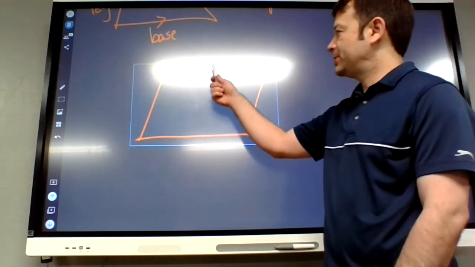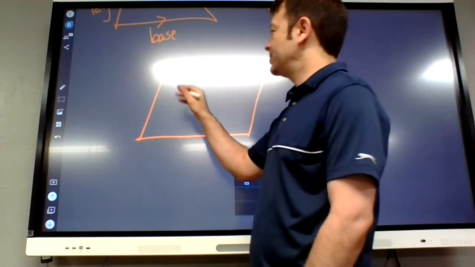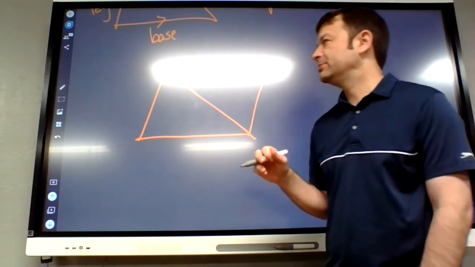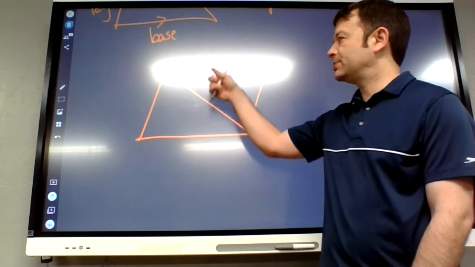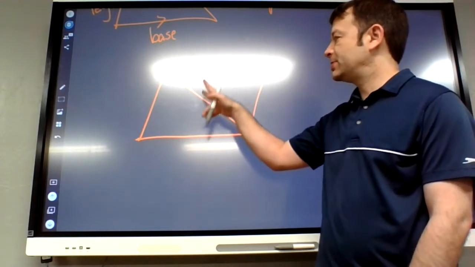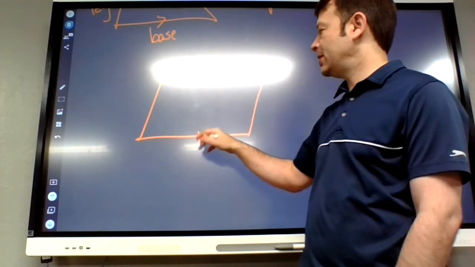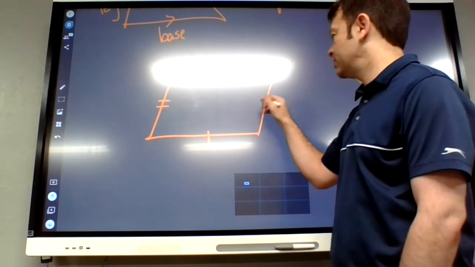What do you think I can say about these two sides? Equal. So there is a way to prove this. If you draw the diagonal, these triangles would be congruent, which means these are corresponding. Anyway, these sides turn out to be the same. So in a parallelogram, opposite sides are congruent.